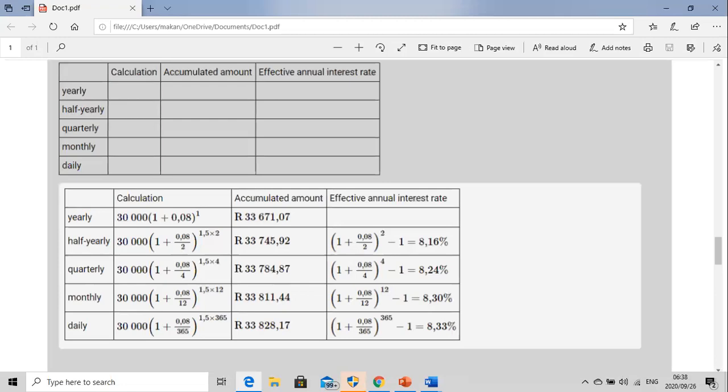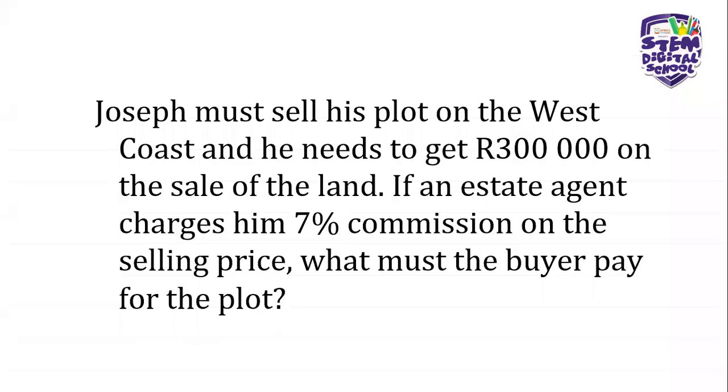Now, we look at the next one, where Joseph must sell his plot on the West Coast, and he needs to get 300,000 rands on the sale of the land. Now, if an estate agent charges him 7% commission on the selling price, what must the buyer pay for the plot?